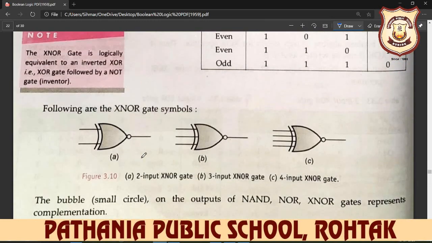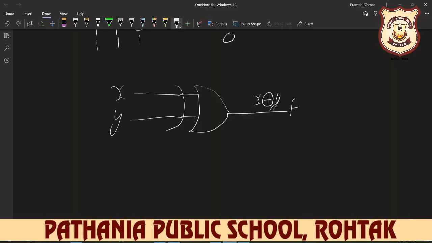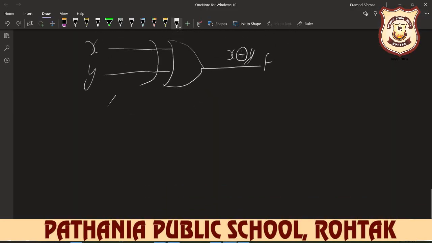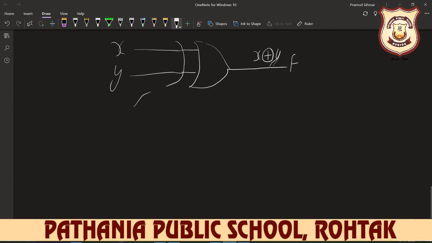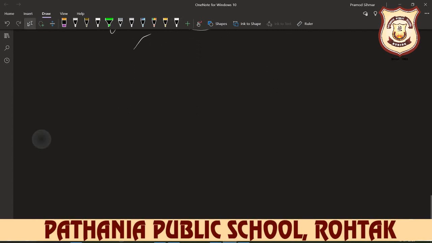Just write down, for example, we want to make the table of two variables here. So just write down x, y, and then you draw like this and then give this.